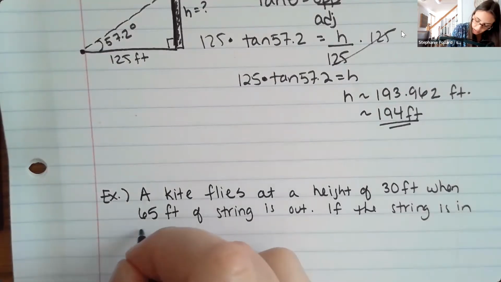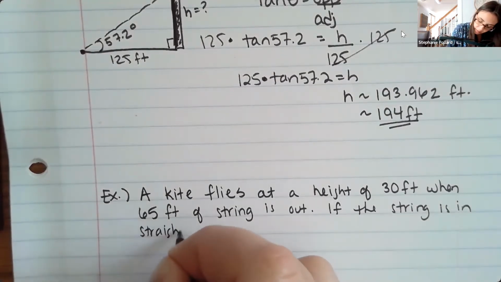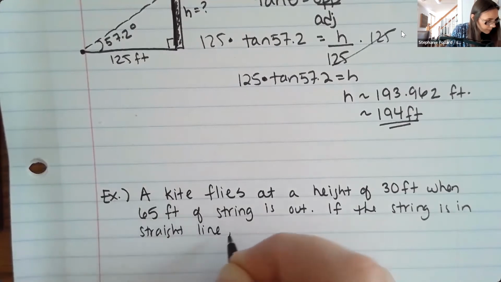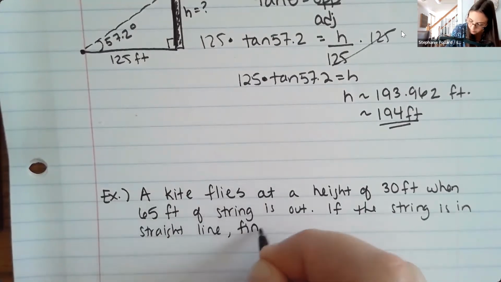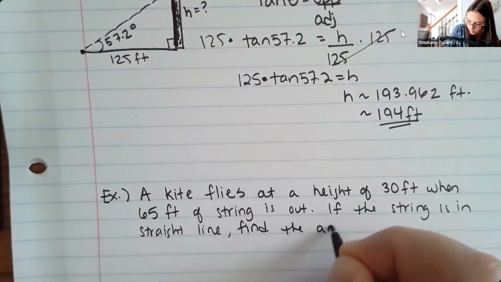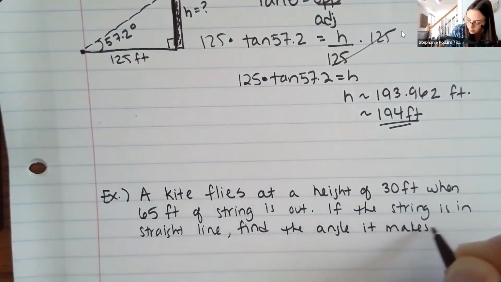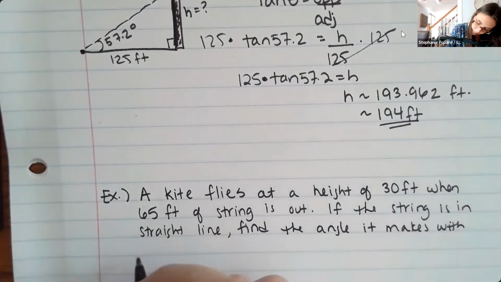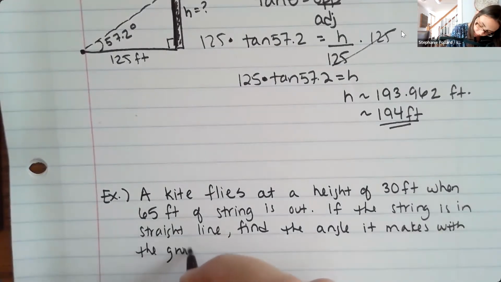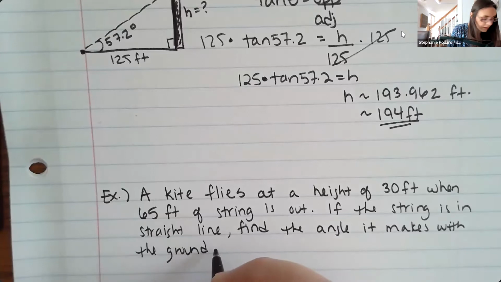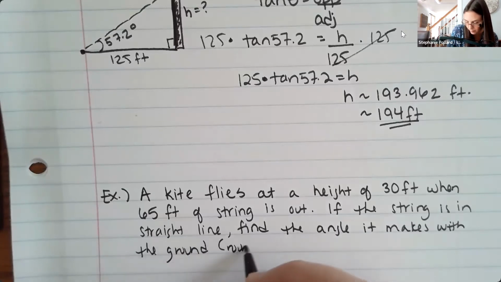If the string is in a straight line, find the angle it makes with the ground. And we're going to round to the nearest 10th of a degree.